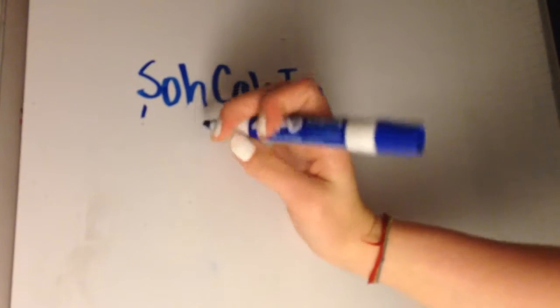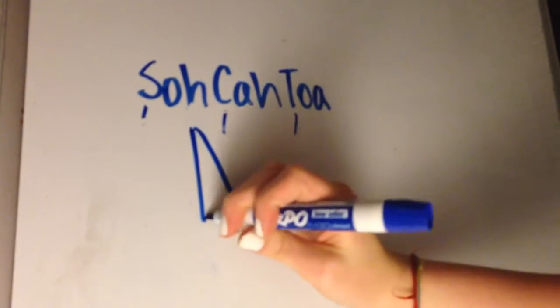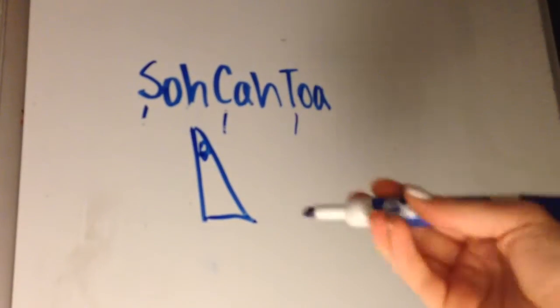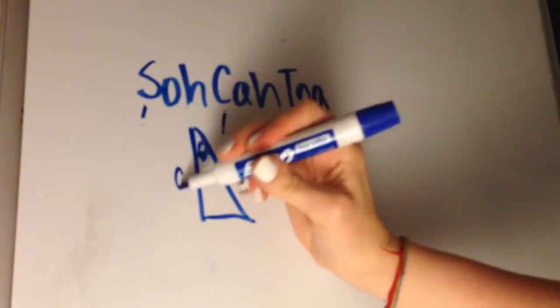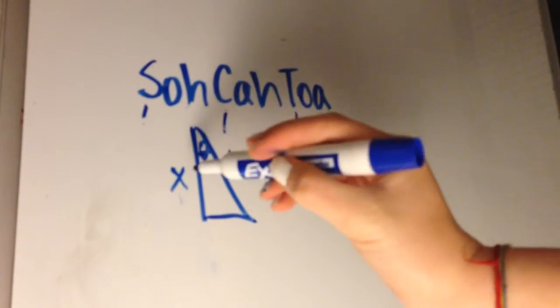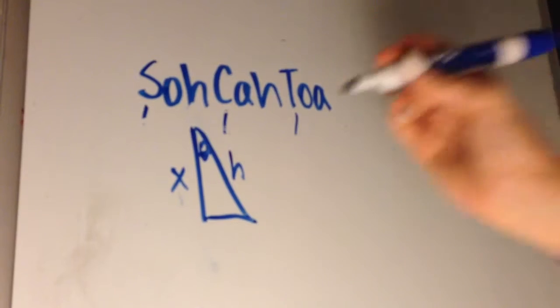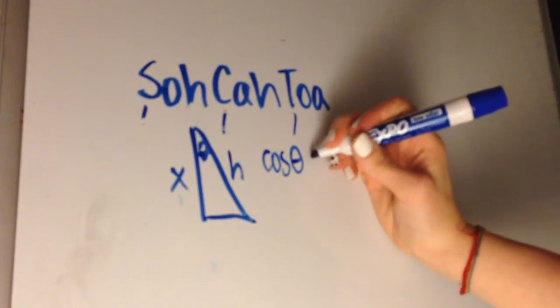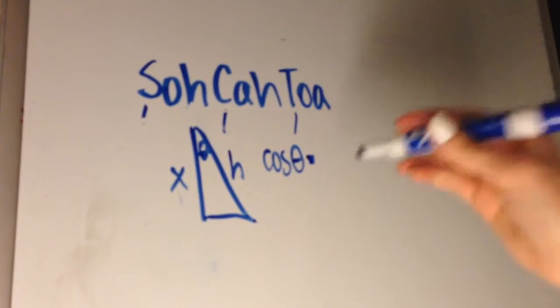If we're using cosine, say that we have this triangle, we have our angle measure of theta. Let's say actually that we have our hypotenuse and we do not have that adjacent side, and we need this side. What we use is cosine of theta equals adjacent over hypotenuse.